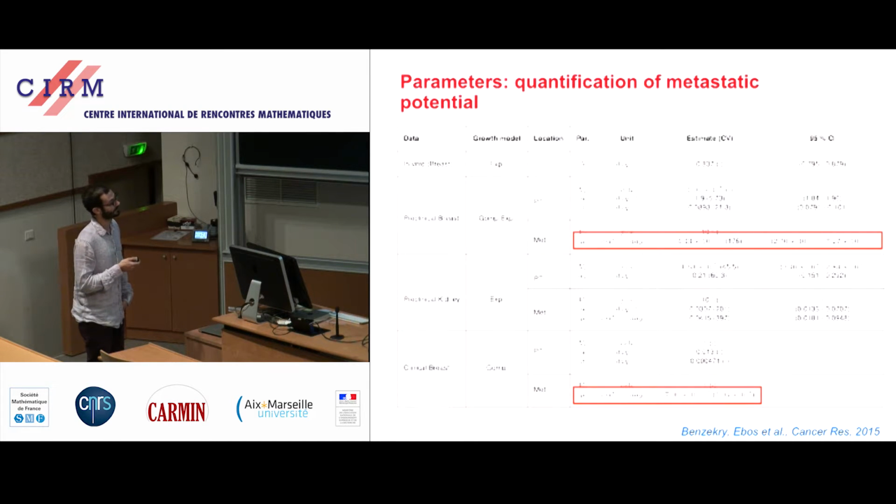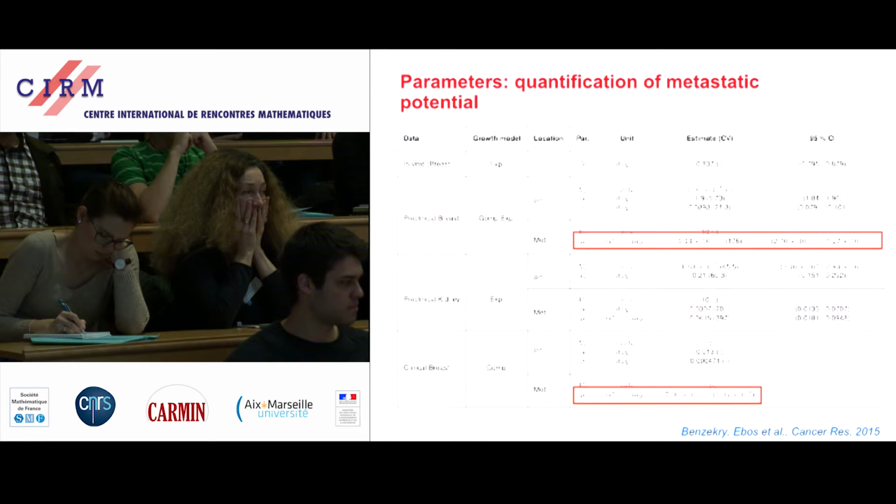What was interesting, you will not be able to see here, is that the median value of mu estimated for the animals in the breast, but it's human breast cells injected in the animals, was very similar in the animal model as in the clinical data.